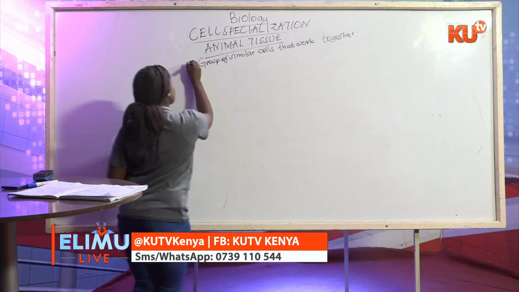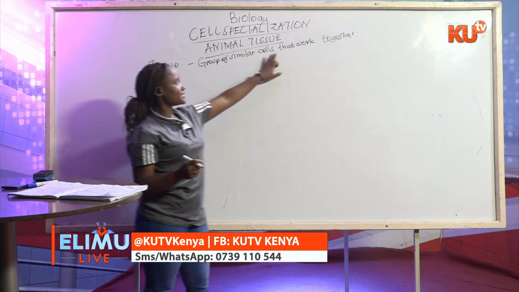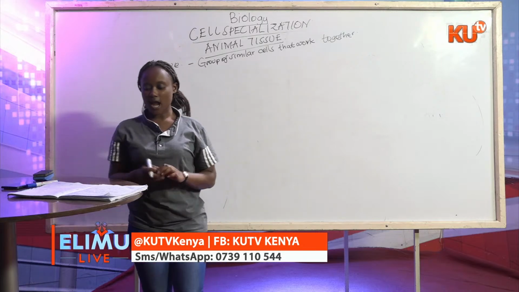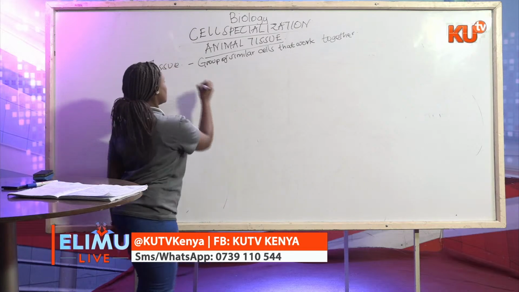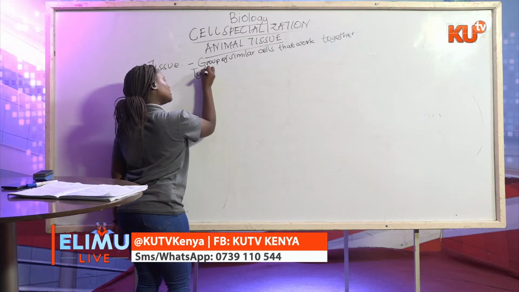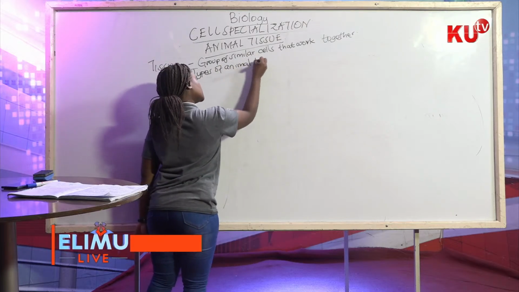So this is the definition of a tissue. A group of similar cells that work together. They are building blocks for organs and organ systems. Now we have the types of animal tissues.